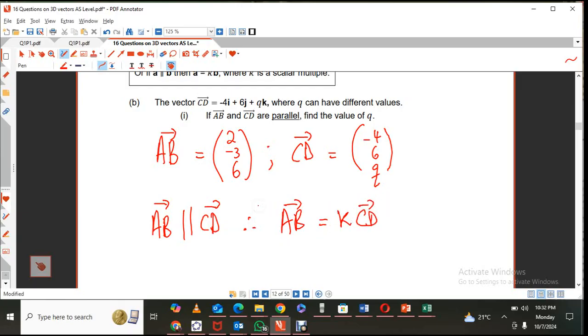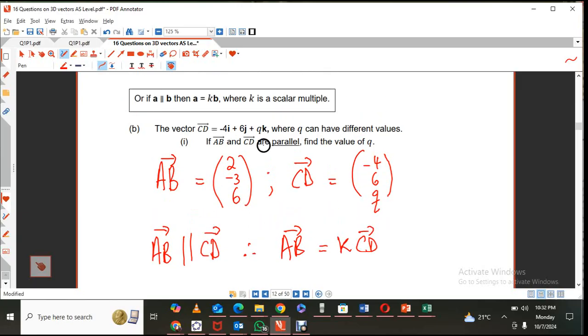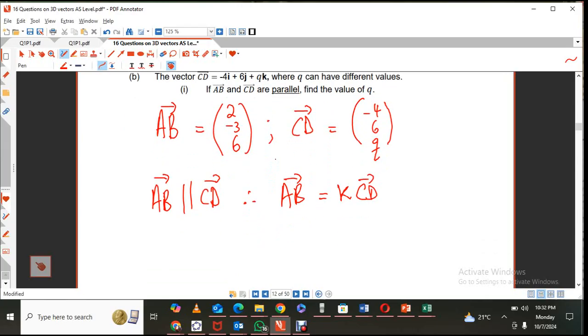So in a nutshell, I'm using this scenario over here that I've put in this rectangular box. So vector AB, which is 2, negative 3, 6, should equal some scalar k times CD, which is negative 4, 6, as well as q.